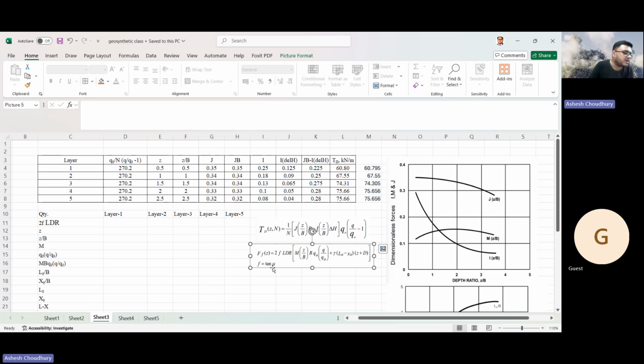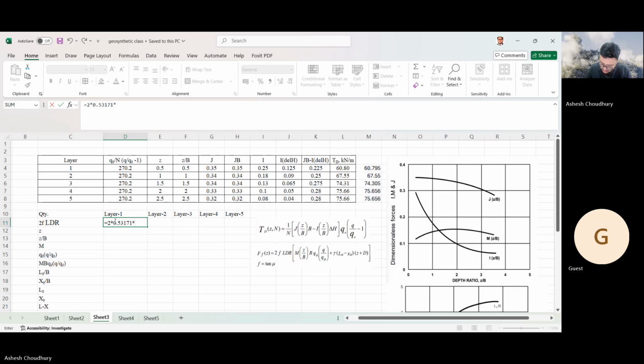I get it as 0.5317. So it is 2 times F, F is 0.5317, times LDR. LDR, how much did we get? LDR is 65%, so 0.65.